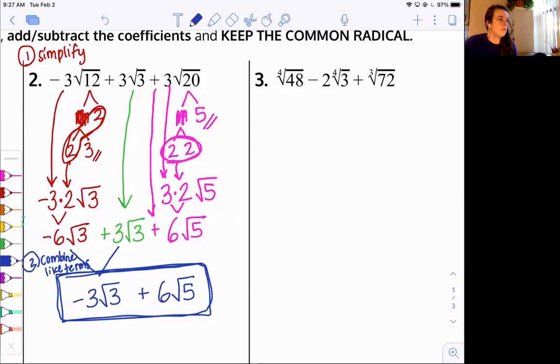All right. Looking pretty solid. Take another moment, write down number 3 on your paper if you haven't yet. Be careful, there are indexes this time, indices.